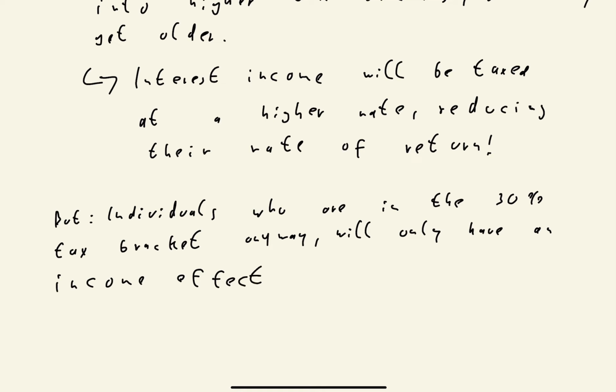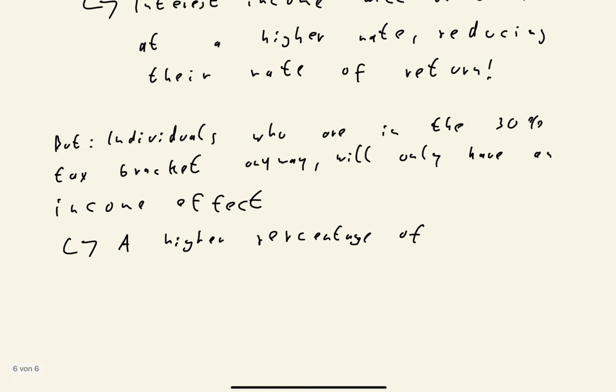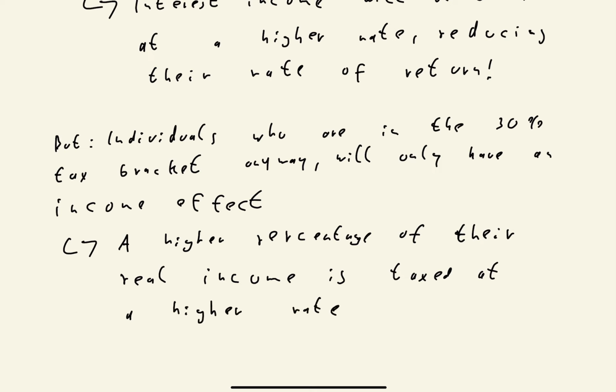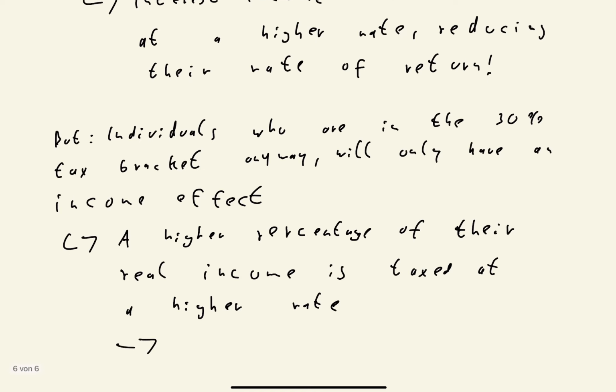They will only have an income effect because simply due to the inflation, their income would increase, and hence there is just this one income effect which they have, which means that a higher percentage of their real income is taxed at a higher rate. And the consequence of this is that they will increase their savings rate.